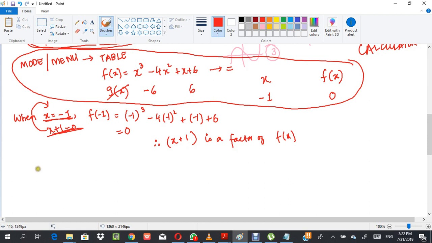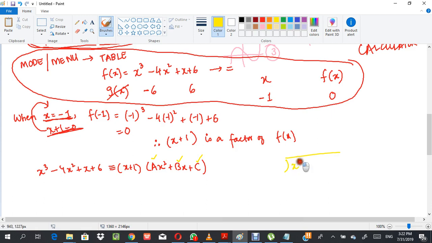This means if I apply my universal division identity, I get x cubed, take away 4x squared, add x, add 6 is equal to x plus 1 times ax squared, add bx, add c. Now I am going to try to find a, b and c. I can use either long division or the algebraic identities method. I'll use the long division method.